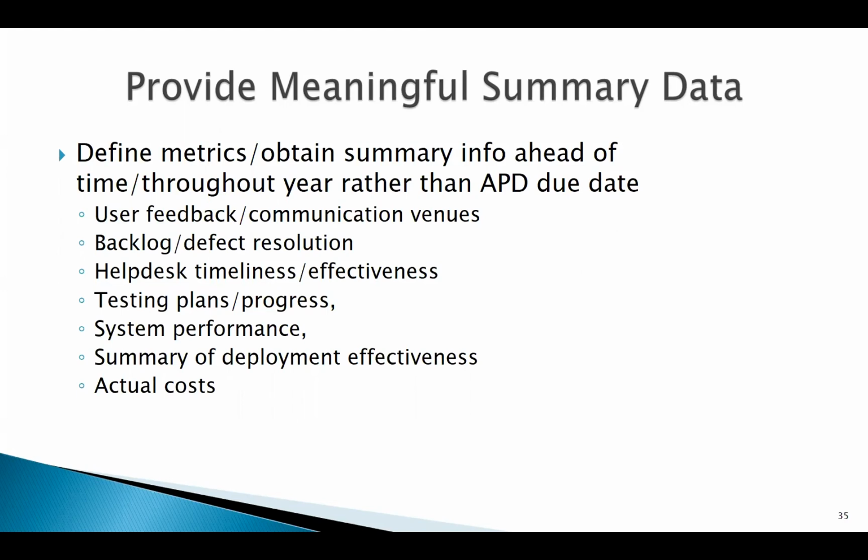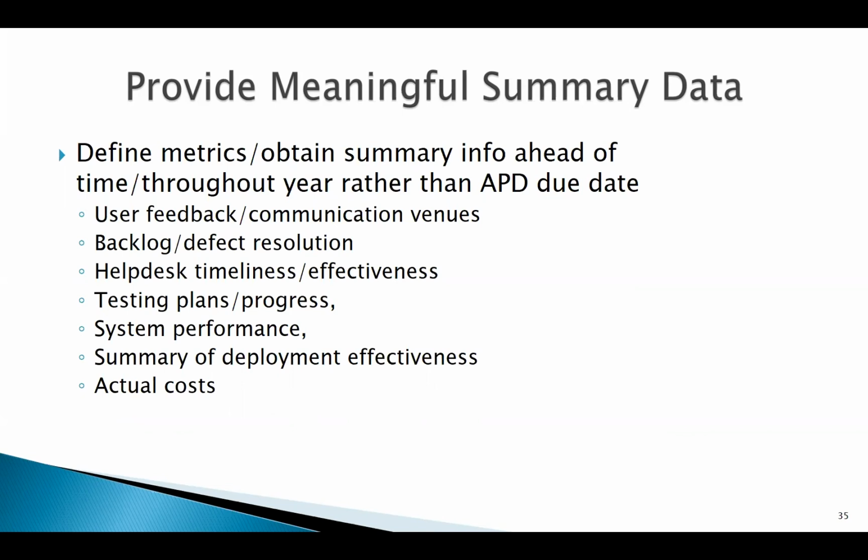Other normal kinds of data that we sometimes see that can be helpful is just a sense of what your backlog is and how well you are resolving defects in your system, what kind of testing plans you have. Basic system monitoring. We don't need to see every detail, but some sense of how often your system goes down, or whether or not you're meeting the metrics of how fast your system is processing things and that it's available to users.